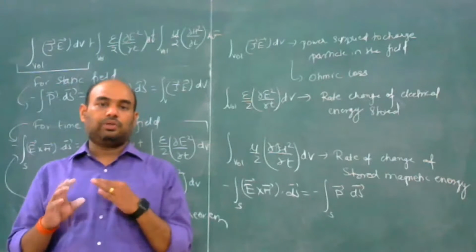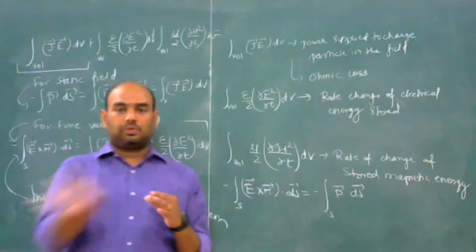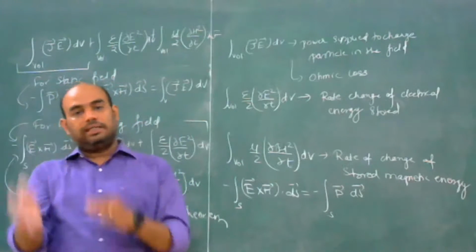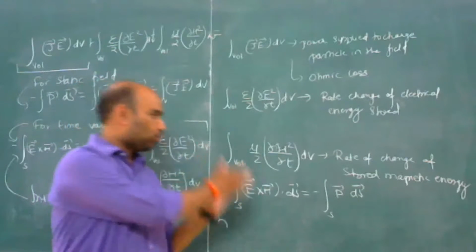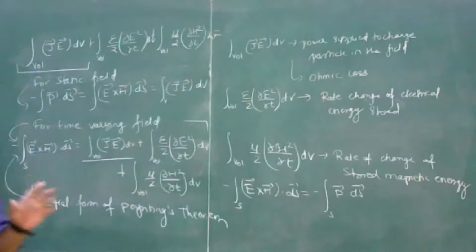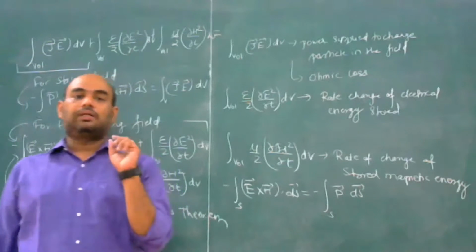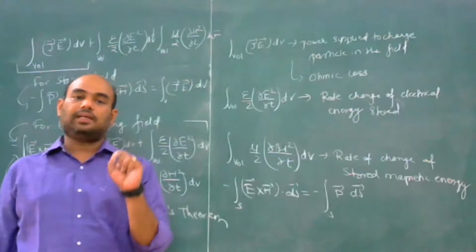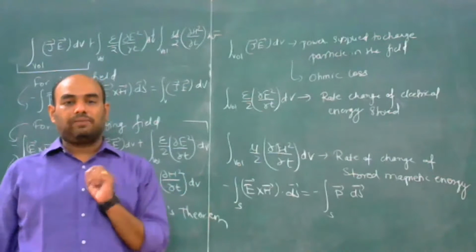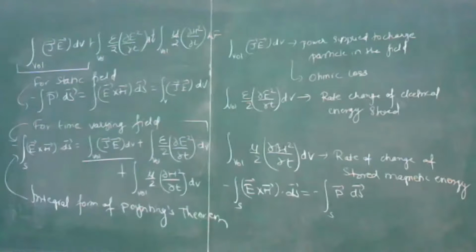If it is flowing out of the given volume, this will be a decrease in the energy stored, so at that time this will be positive. If it is going out, we take it positive. This will be negative, and if it is negative, then there will be a time rate of increase in energy stored within the volume V. Okay, so this is the Poynting theorem.